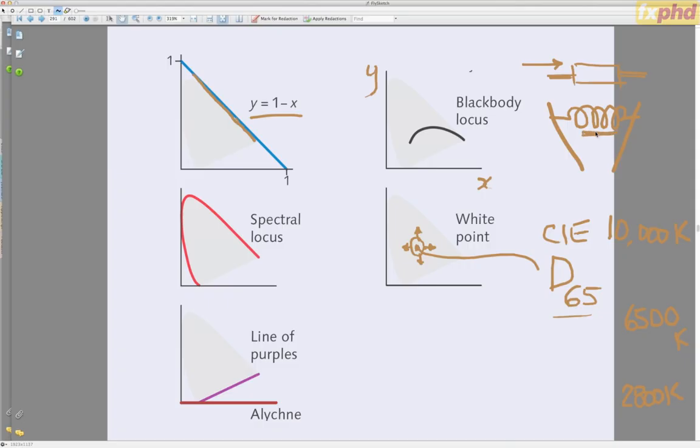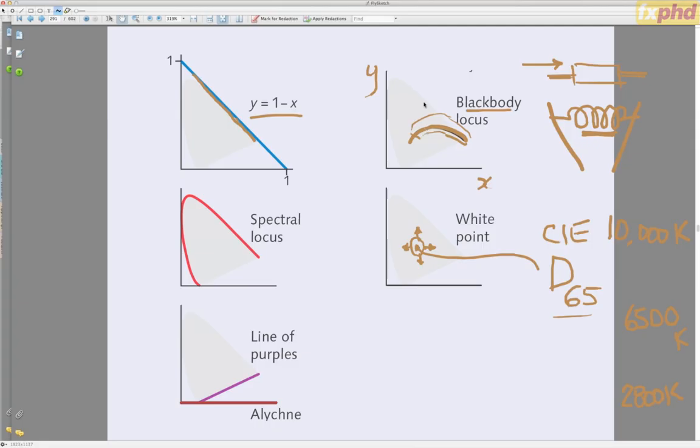And there's some laws of physics that say that all of the colors from a hot piece of metal lie along a certain trajectory within XY coordinates. That's called the black body locus.